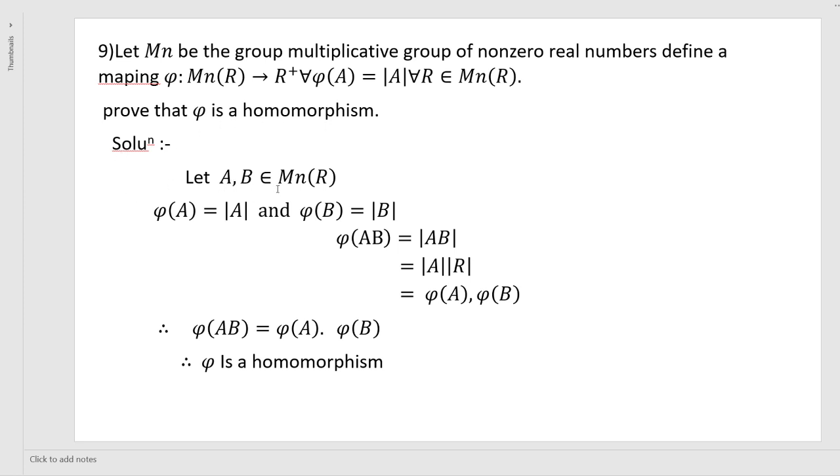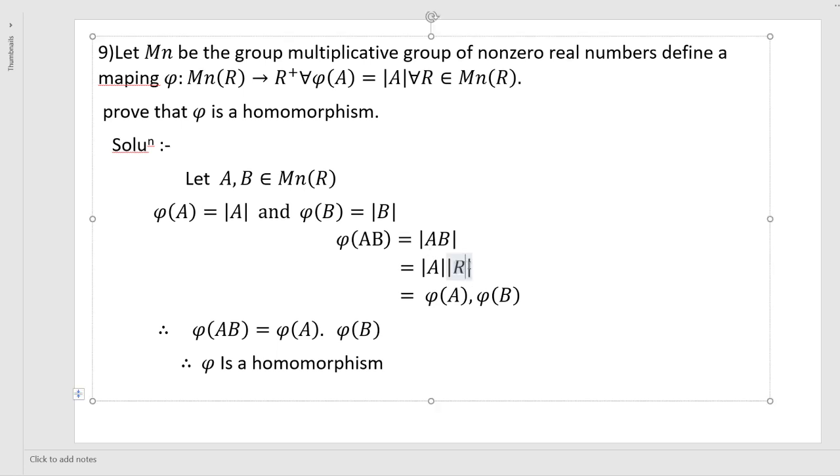Solution. Consider a, b belonging to M_n(R), and psi of a is equal to mod a, and psi of b is mod b. So psi of ab can be written as mod ab. This can be separated like this: mod a into mod b.